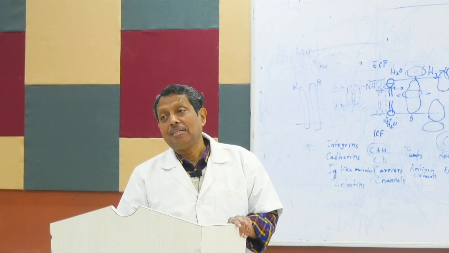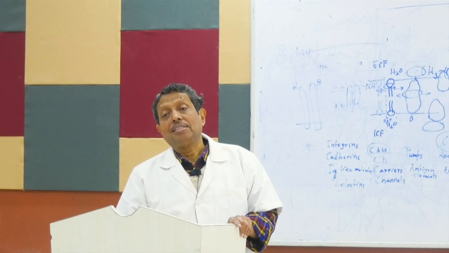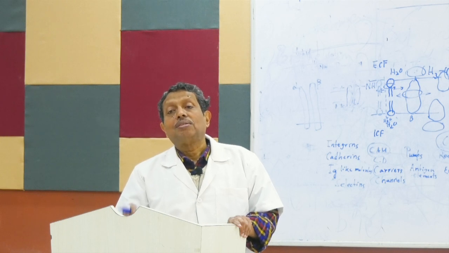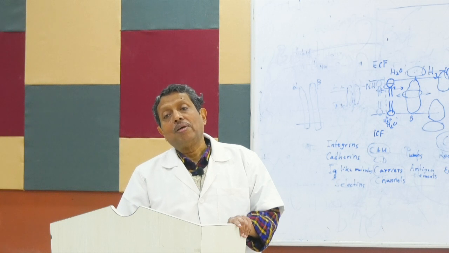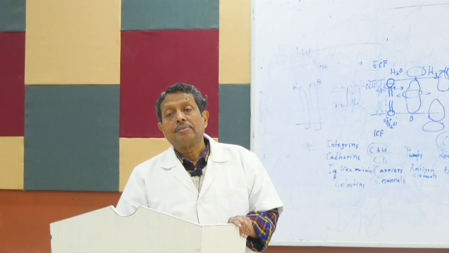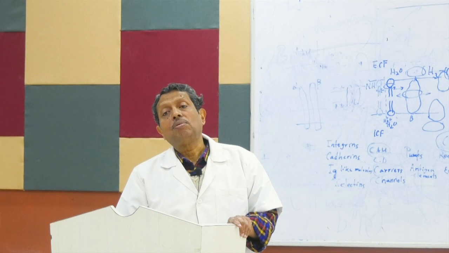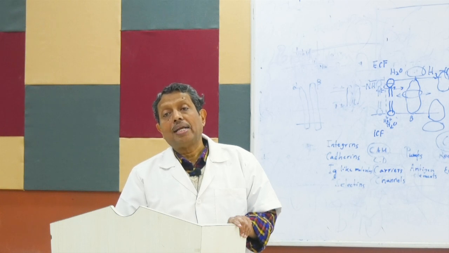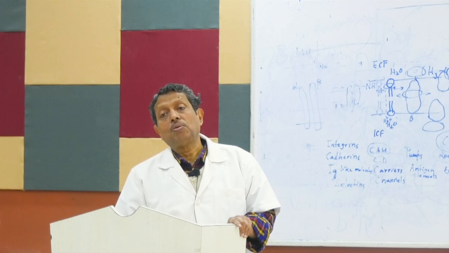When cyclic AMP is generated, it activates protein kinases, which phosphorylate some channels so that this effect is produced. Glycogen breakdown is produced. In this way, the enzymes are phosphorylated, and they have their action. Similarly, different types of actions can occur.